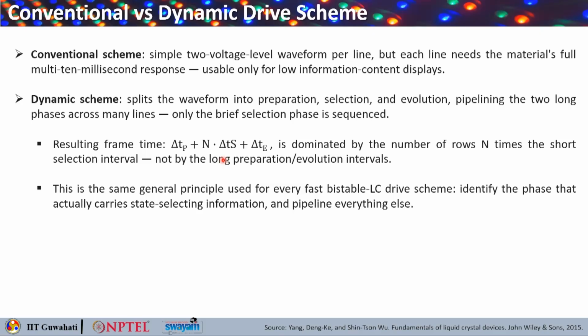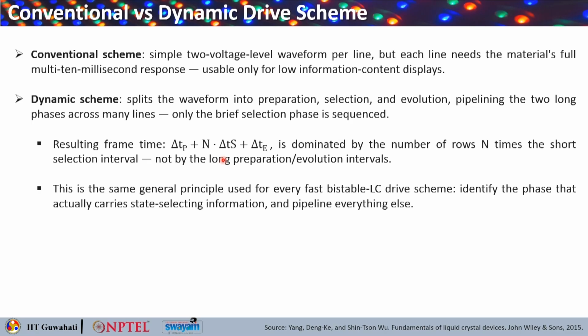Here you can notice the general principle has appeared now in 3 different contexts in this module, in the BTN's 2-phase and 3-phase schemes, and also in the cholesteric dynamic scheme: pipeline the parts of the waveform that do not themselves carry state selecting information and keep only the essential brief state determining phase sequenced per line.